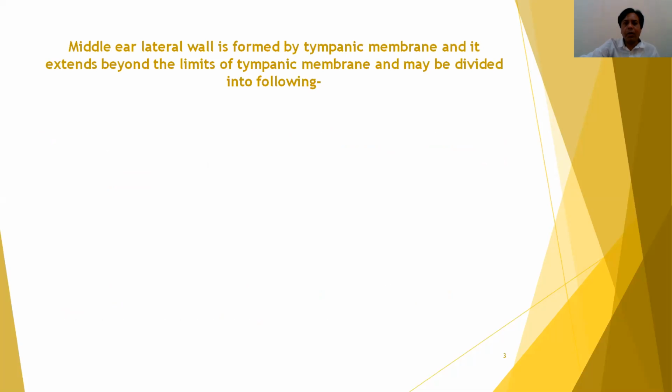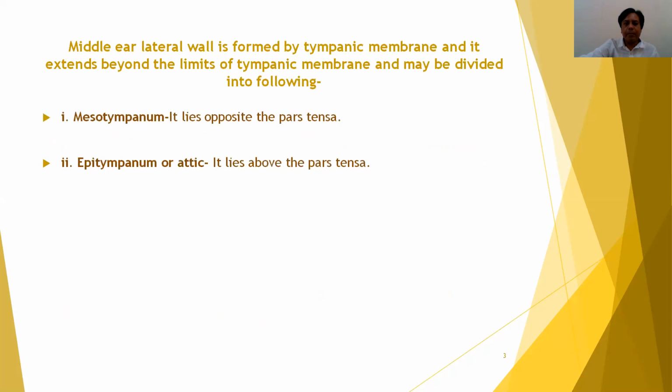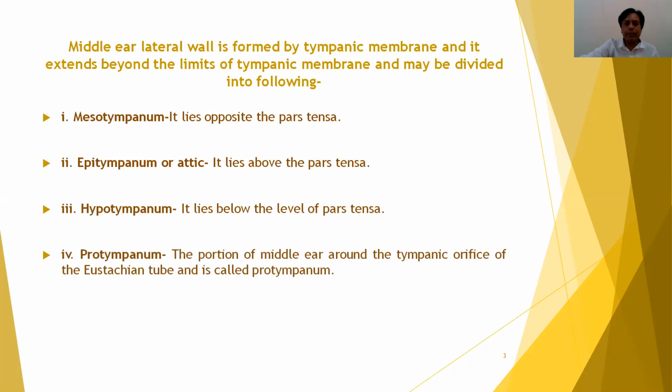Middle ear lateral wall is formed by tympanic membrane and it extends beyond the limits of tympanic membrane and will be divided into following. Mesotympanum, epitympanum or attic, hypotympanum, protympanum.